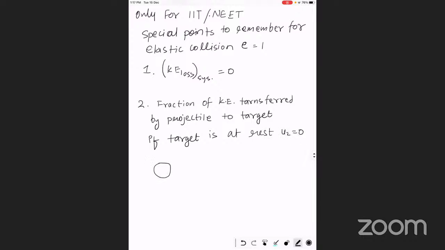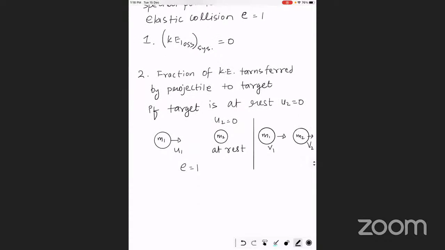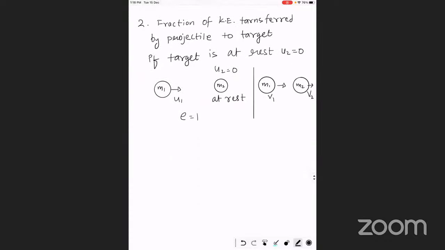Mass of projectile is m1, moving with velocity u1, and it will collide with the target m2 which is at rest, means u2 is 0, and the type of collision is elastic. After collision, there is no doubt they'll be moving with different velocities v1 and v2. Am I right? Yes. So my point is, what fraction of kinetic energy is transferred by projectile to target.